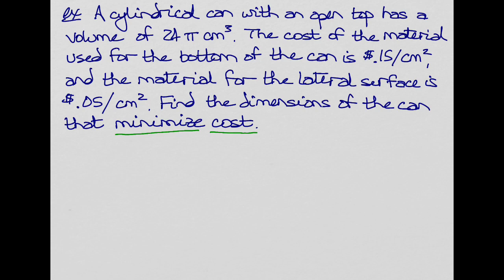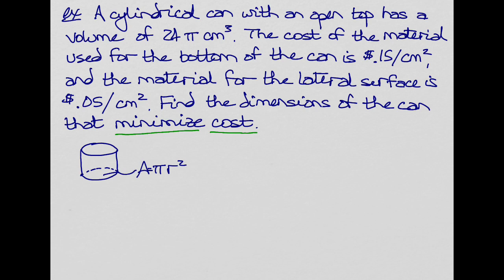So let's see. Can, cylinder, circle, and there we go. There's my can. The bottom of the can is a circle. The area of a circle is pi times the square of the radius. But that's not the question.